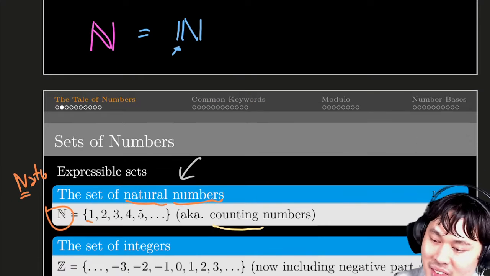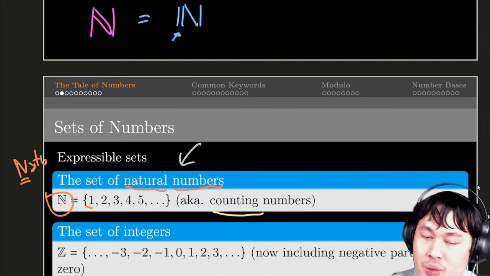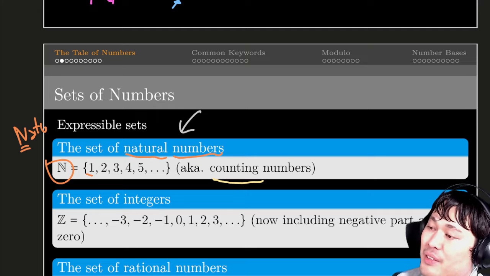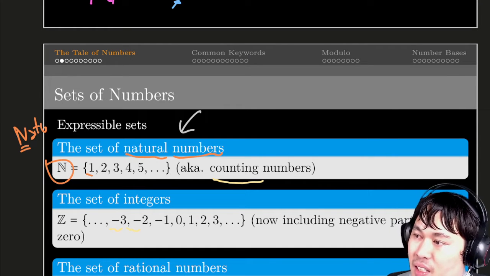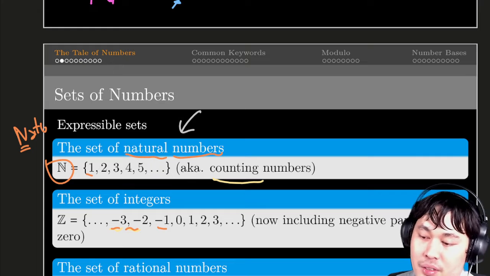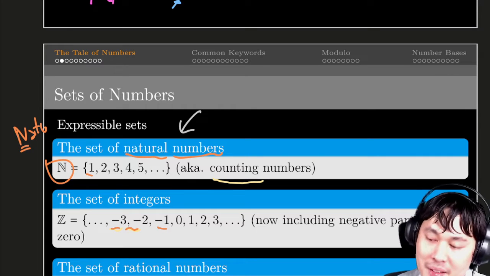And next, when you do business, when you trade, sometimes you need the concept of debt, deficit, or decrease. So we add more numbers, we add the negative ones, and 0.